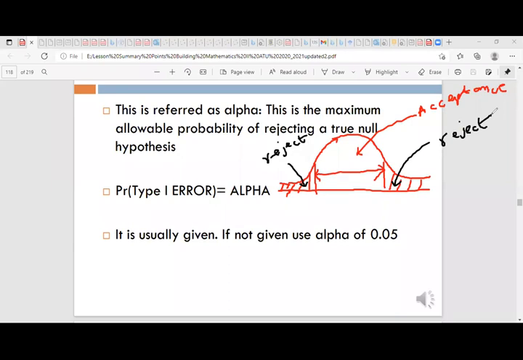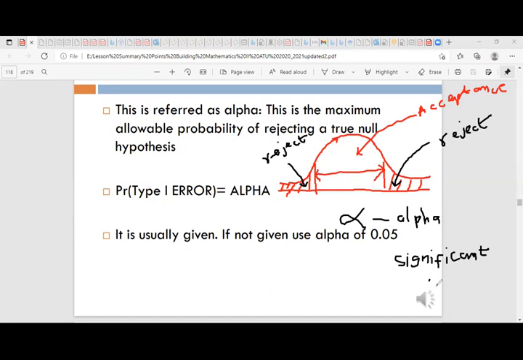Now, the maximum allowable probability of rejecting a true null hypothesis is referred to as our alpha. Alpha is also called the significance level.